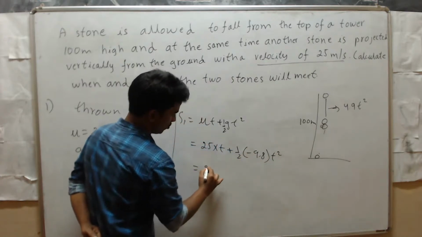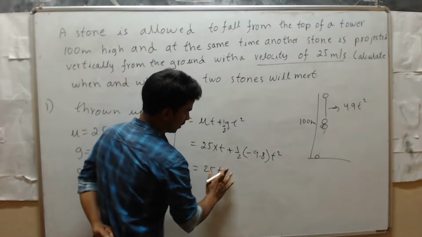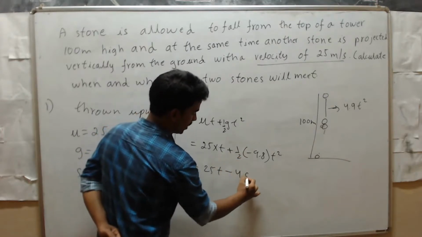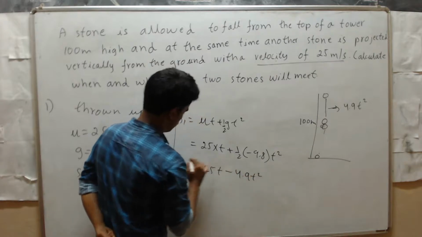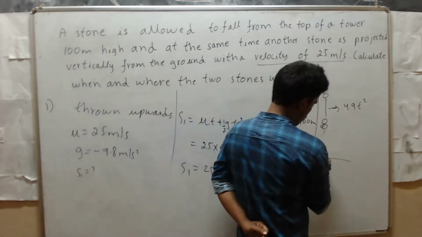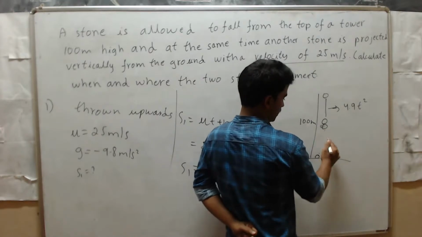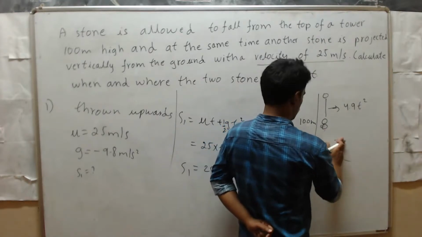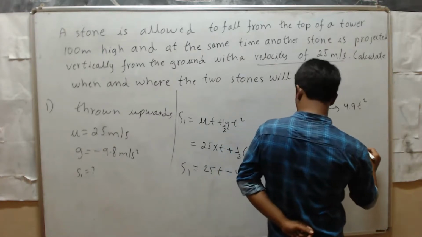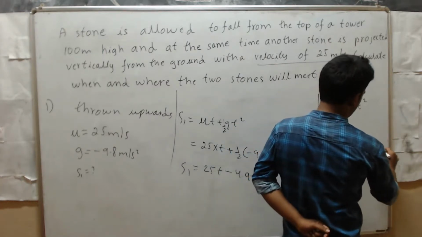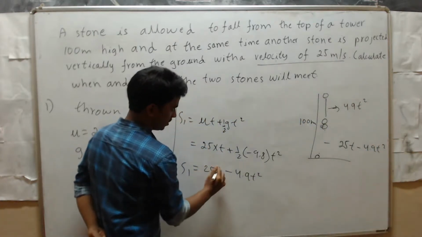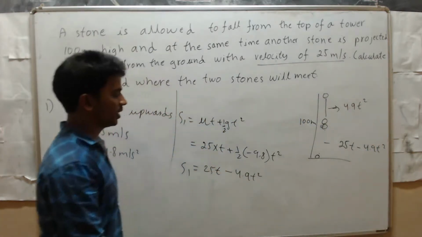So 25t minus 4.9 t square. So we got s1, the distance of this object thrown upwards, that is 25t minus 4.9 t square.